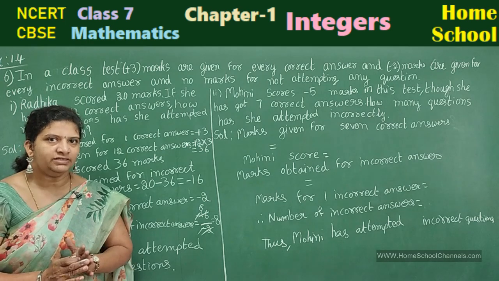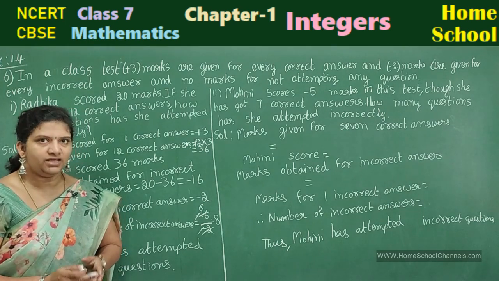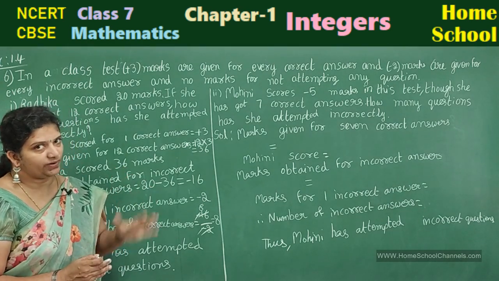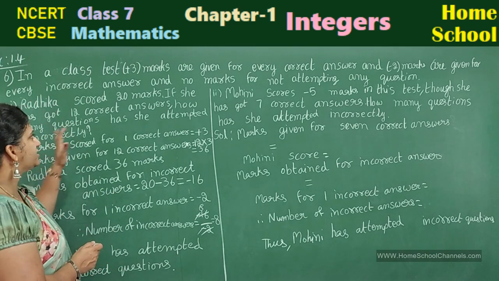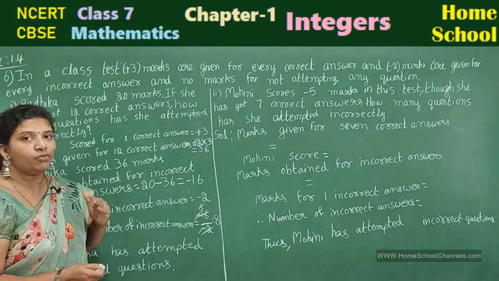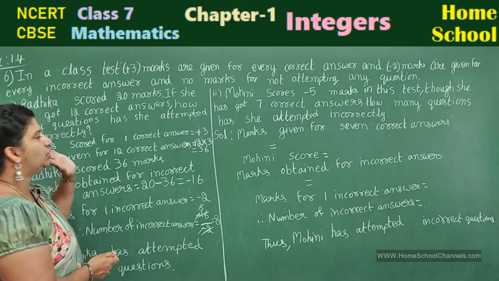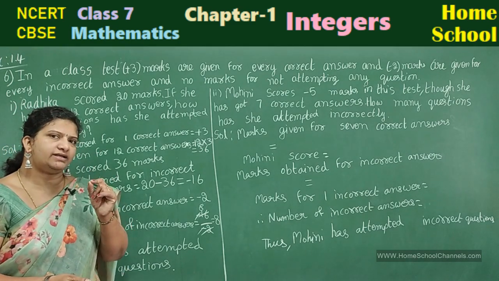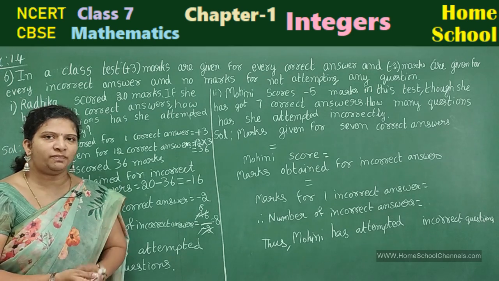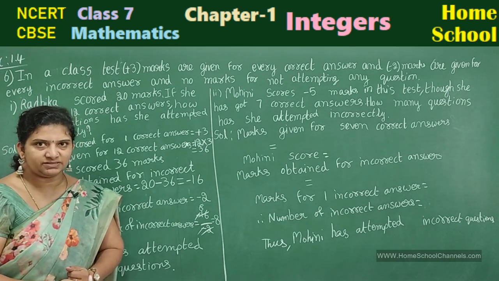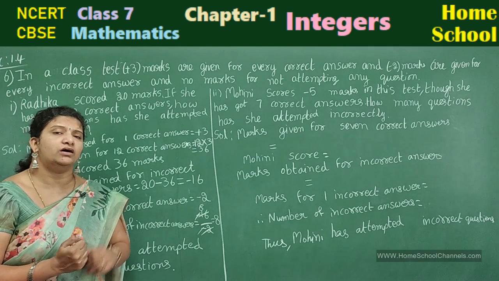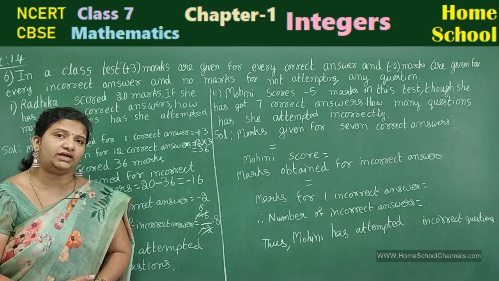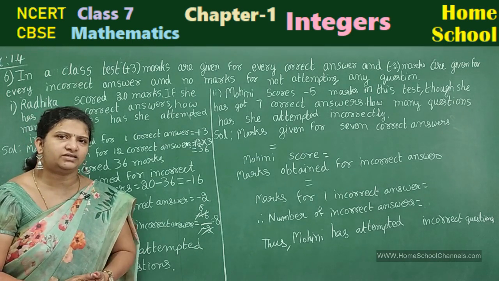Right? Is this clear? Try to understand once again. Radhika's score is 20 marks. Among them, she has attempted 12 correct answers. 12 correct means each correct answer plus 3. 12 into plus 3 will be 36. Then how many wrong questions has she attempted? Wrong in the sense incorrect.